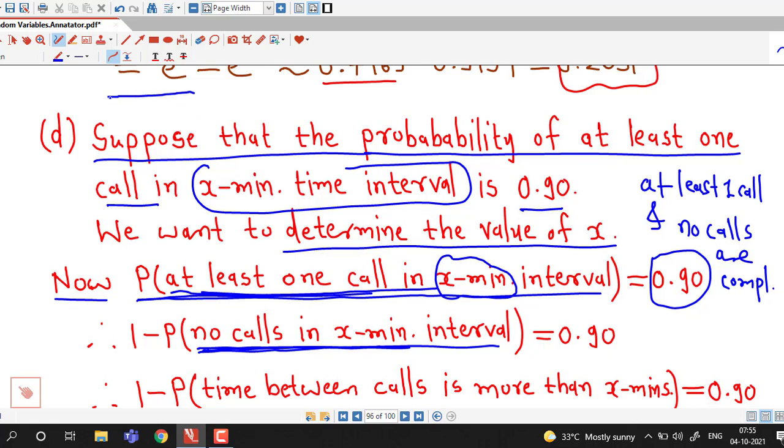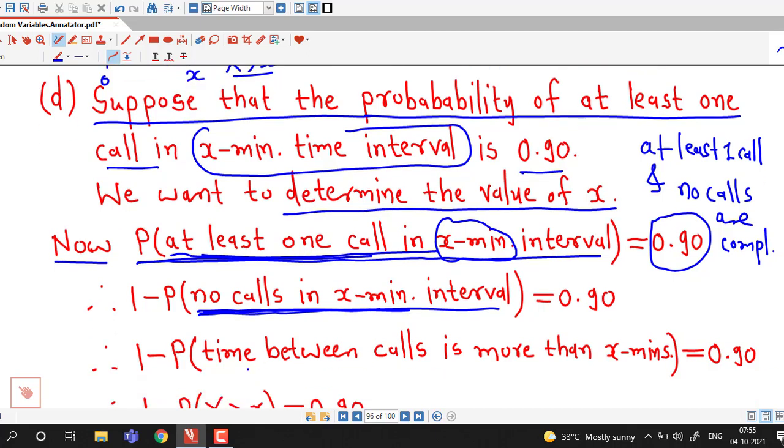Now again, if there are no calls in an x minute interval, then the time between calls, which is capital X, must be greater than small x. So the event of no calls in an x minute interval is equivalent to the event that the time between calls is more than x minutes.